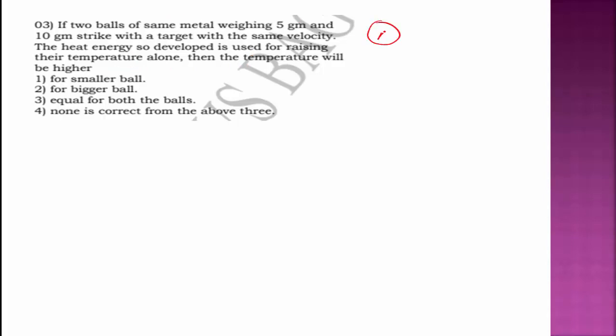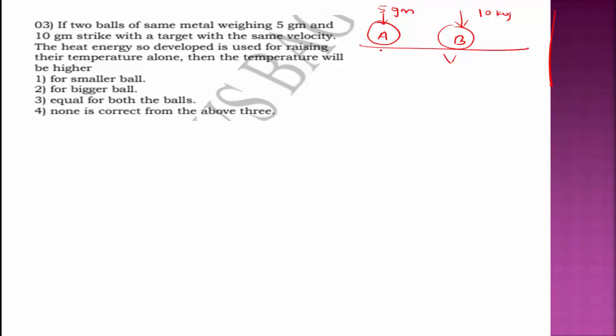Now I consider this is the first ball and this is the second ball. Here the first ball's weight is 5 gram and the second ball's weight is 10 gram. They strike the target, here this is the target, with the same velocity. The heat energy developed is used for raising their temperature alone.